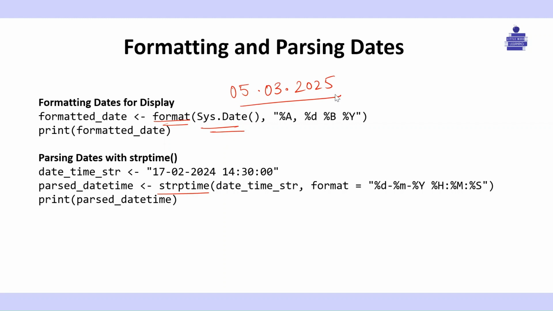What the format function does is convert it into Wednesday, 5 March 2025. It converts it into this format. Next is parsing dates with the strptime function. It converts a custom date string into a date-time object. That is its whole function.